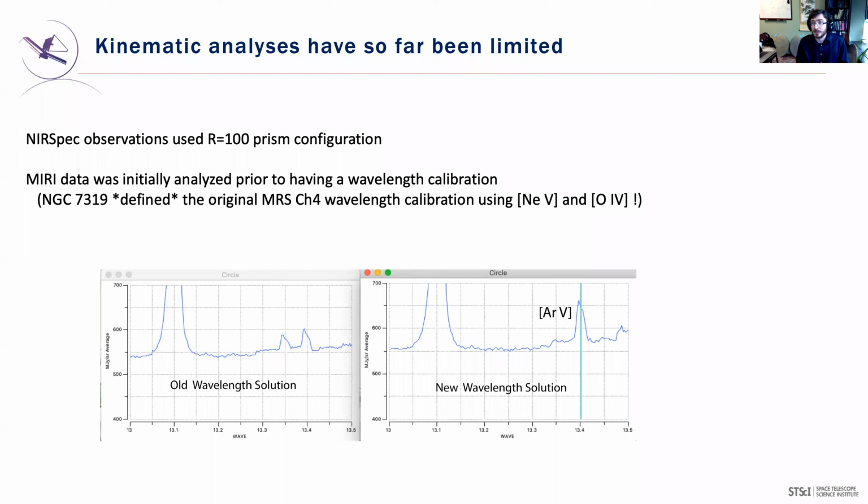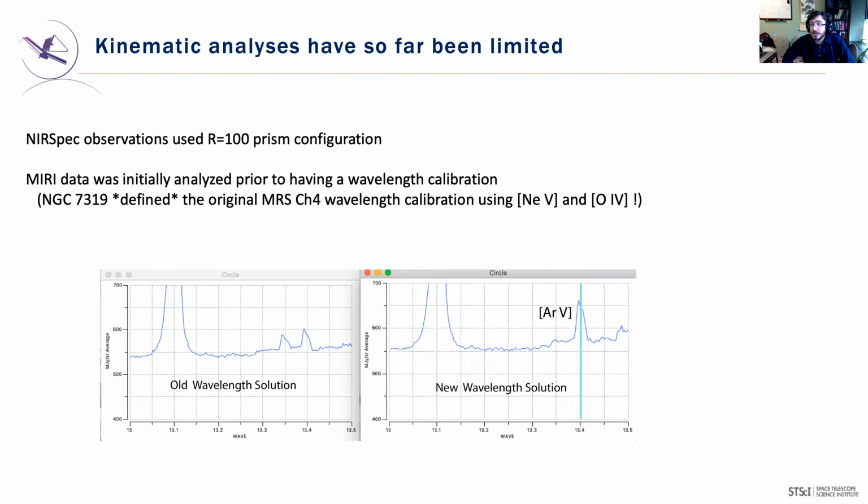So we could look at the AGN spectrum and see, well, I know what those two bright lines are, so this must be roughly what the wavelength calibration is. So for a period of time, the MRS wavelength calibration was actually tied to this AGN, which is very much not what you want to do. You don't want to calibrate a solution against a red-shifted AGN driving 100 kilometer a second outflows. But it worked as a bridge towards what we were doing later.